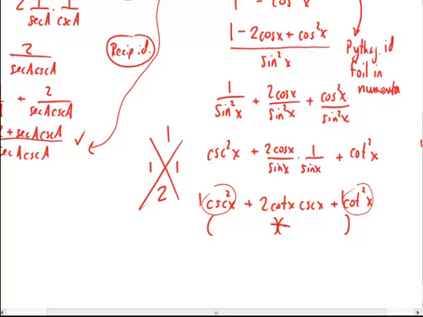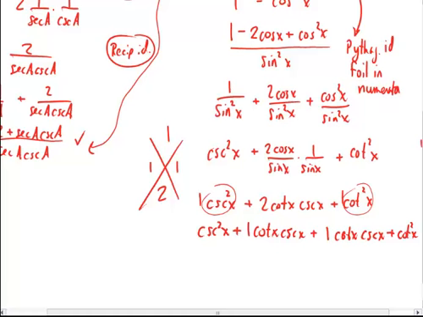You can rewrite this and then group. You can rewrite this as cosecant squared of x plus 1 cotangent of x cosecant of x plus 1 cotangent of x cosecant of x. My job here is I'm trying to factor this.